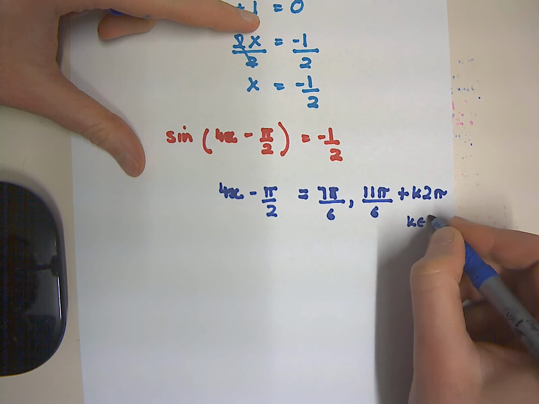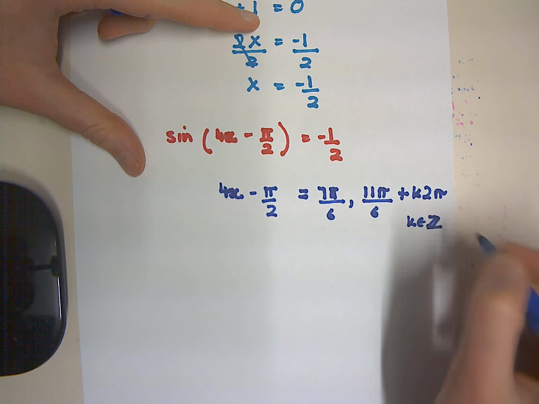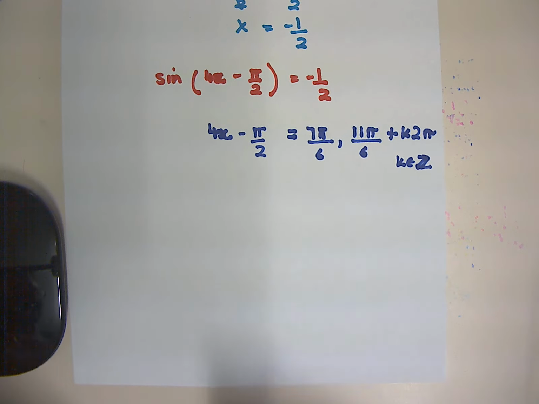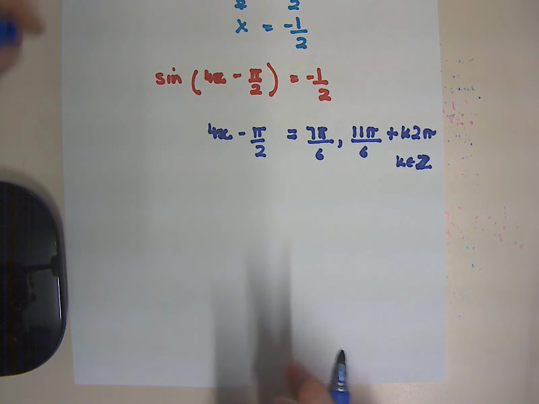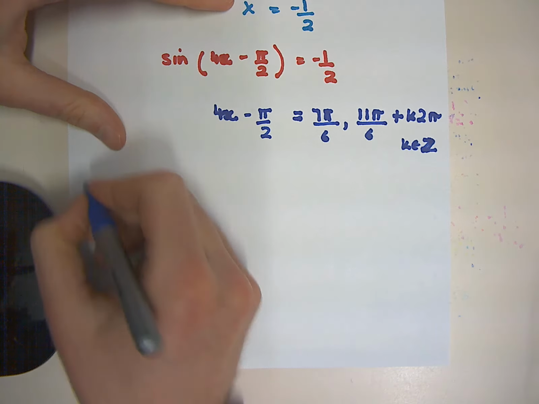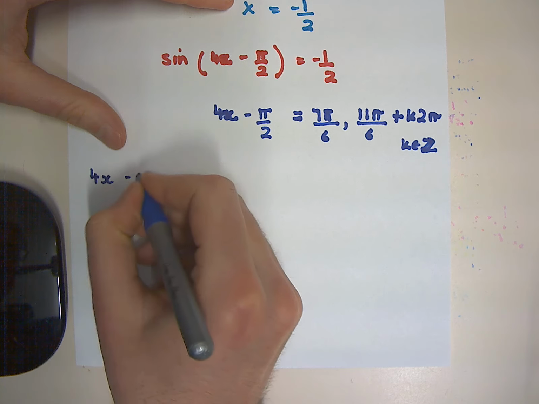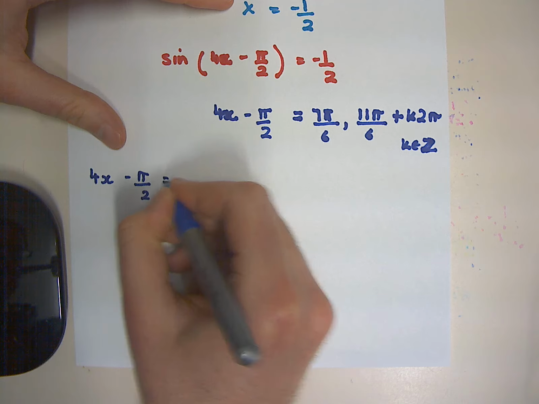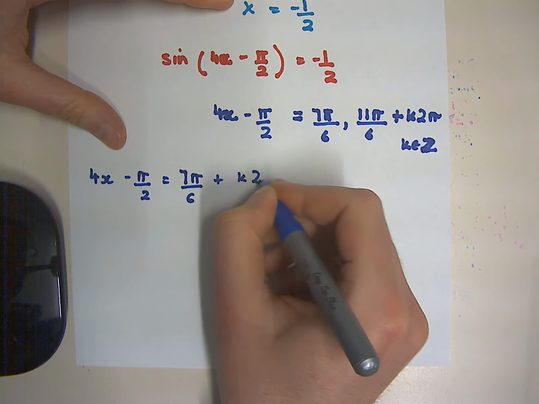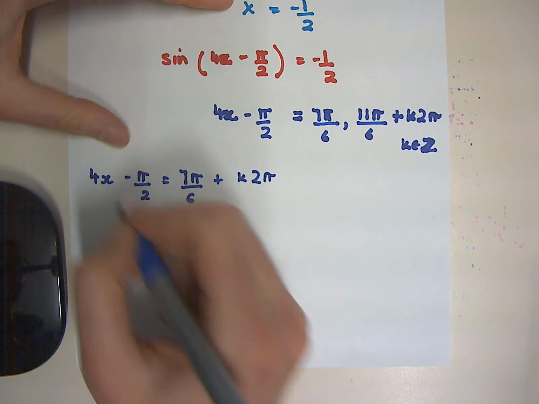So we've got to add this k2 pi where k is in the integers. Now, this is where it tends to get a little trickier, but all standard algebraic rules apply. So 4x take pi on 2 equals 7 pi on 6 plus k2 pi. We've got to find x on its own.